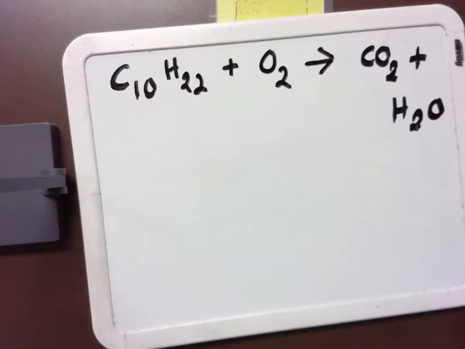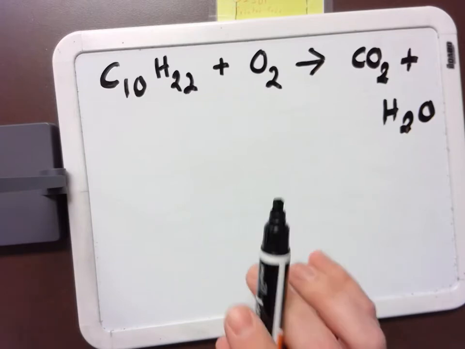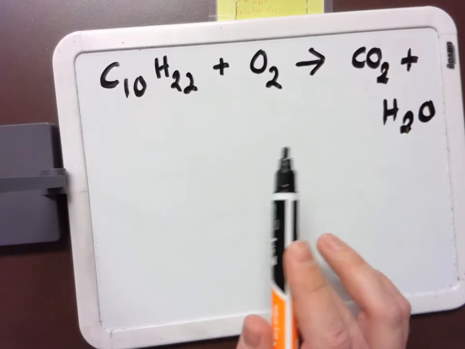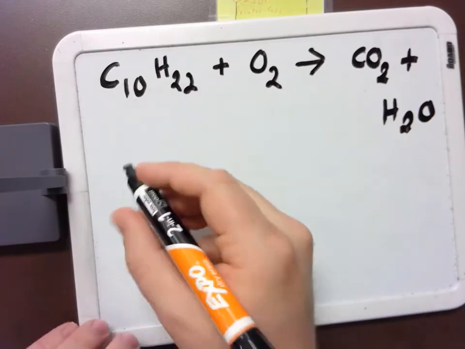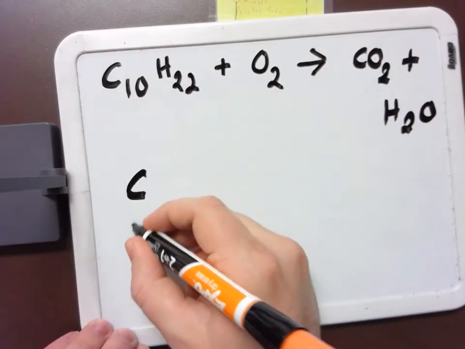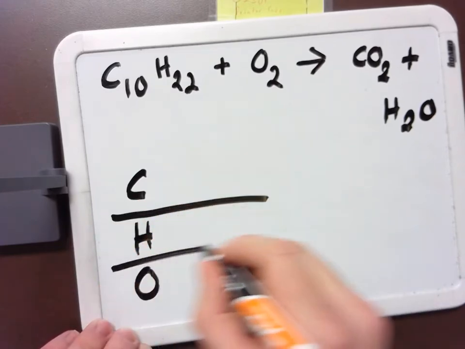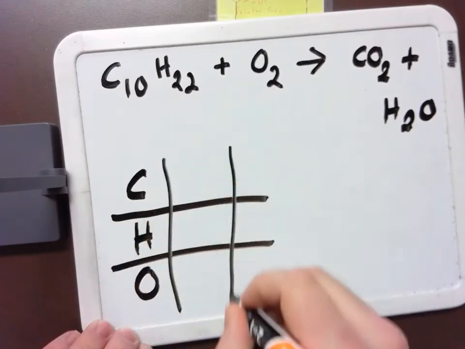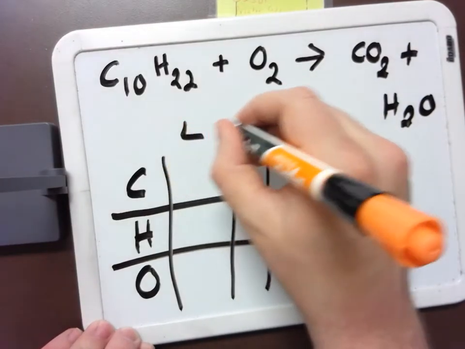Alright, well I've tried to go long ways so that way we could have more room, but it didn't end up anyways. So we can see we have C, H, and O. So let's start with C, H, and O. Create our columns. Now, left, right. Let's look at it.